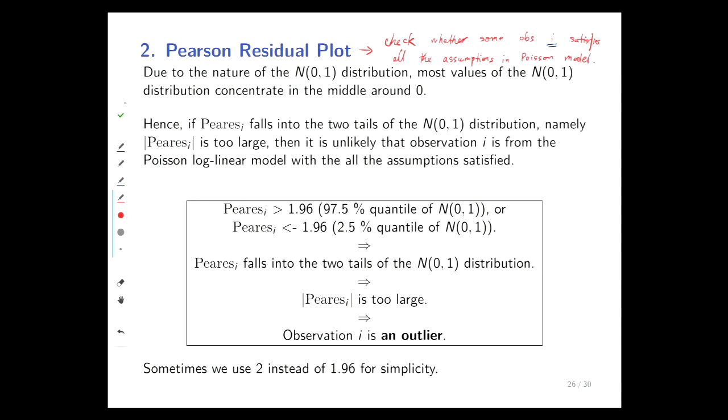So that means we can only check whether or not some observation i satisfies all the assumptions.